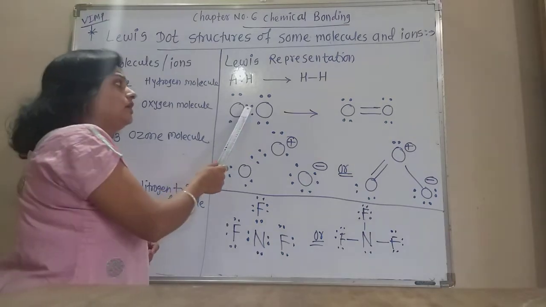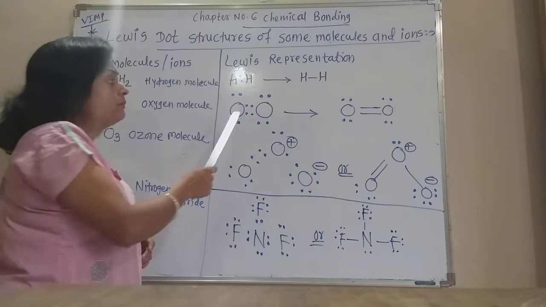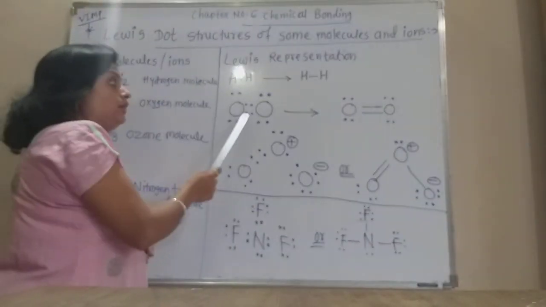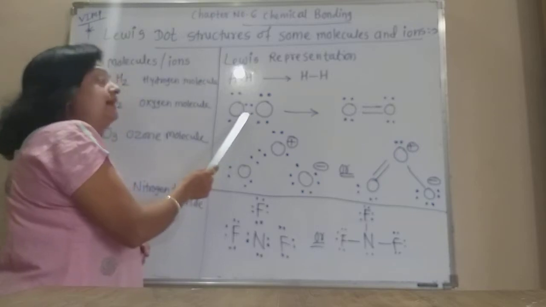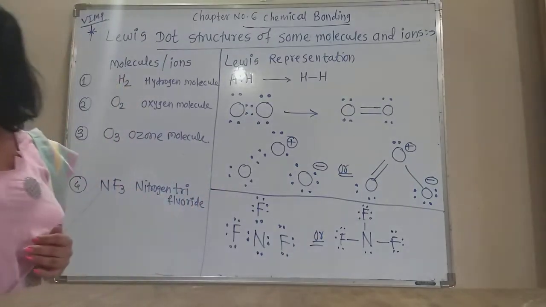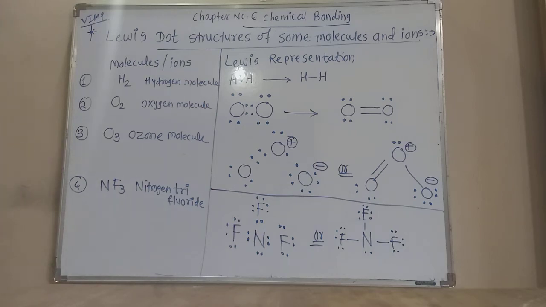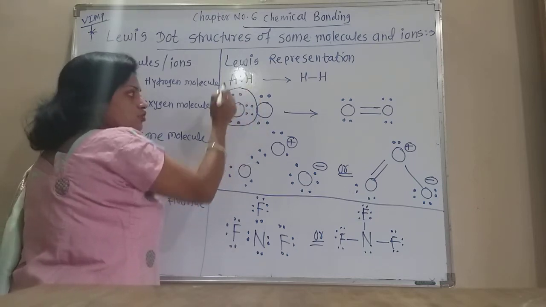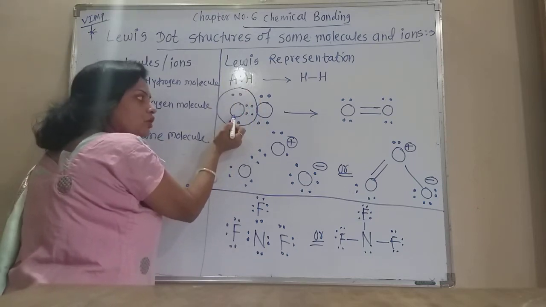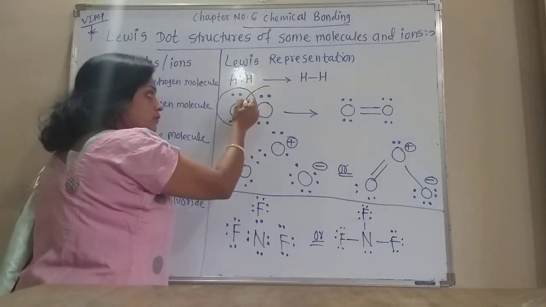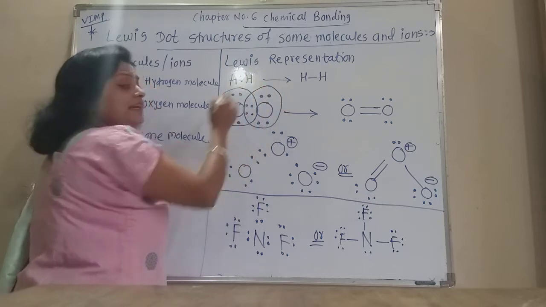If they share 2 electrons, there must be a double bond between the 2 oxygen atoms, and both oxygen atoms complete their octet by sharing the 2 electrons. This oxygen atom completes its octet because these 4 electrons belong to this oxygen, as well as these 4 electrons also belong to this oxygen atom.